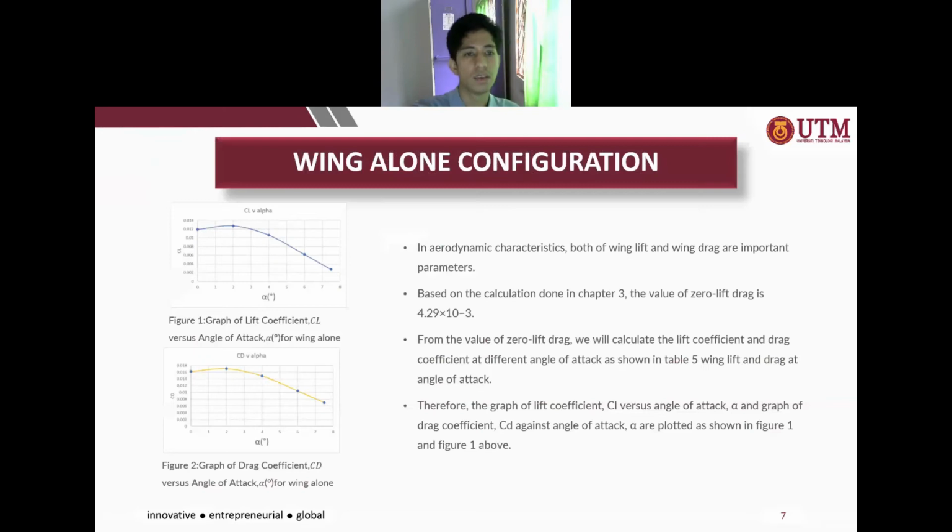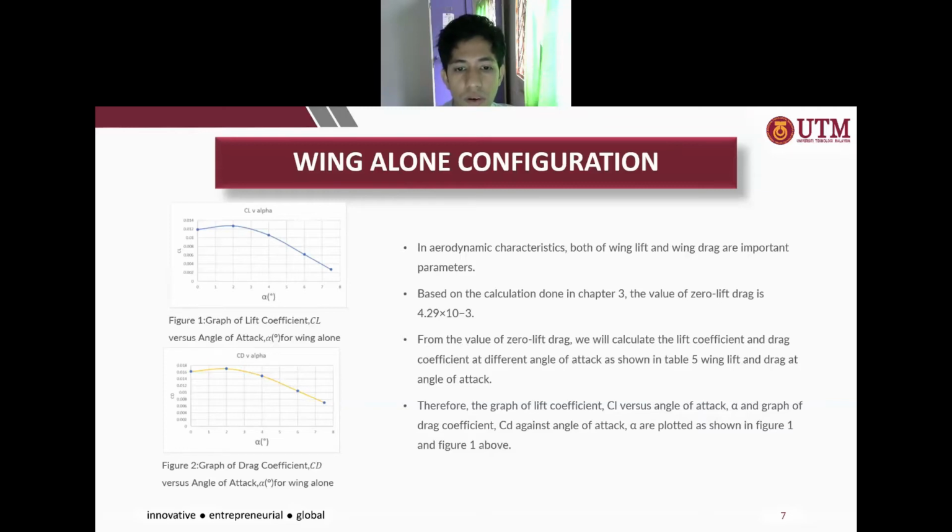Next chapter is the wing alone configuration. In aerodynamic characteristics, both the wing lift and wing drag are important parameters. Based on the calculation done in chapter 3 of our project report, we have calculated the value of zero lift drag as 4.29 times 10 to the power of negative 3.